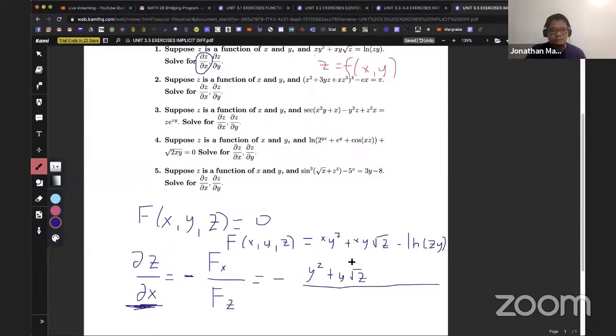Okay? First term, xy squared, the derivative with respect to z is 0 because it has no z variable. Second term, you have square root of z. By this time, you should have memorized the derivative of square root of z, which with respect to z is 1 over 2 square root of z. So that will be xy over 2 square root of z.